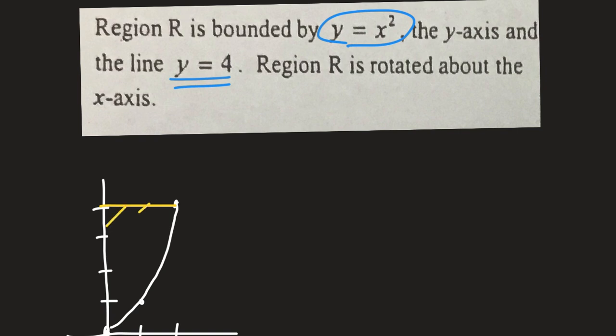This is the region that we are rotating between the line y equals 4 and y equals x squared. We're rotating it around the x-axis. This is your axis of rotation, y equals 0.